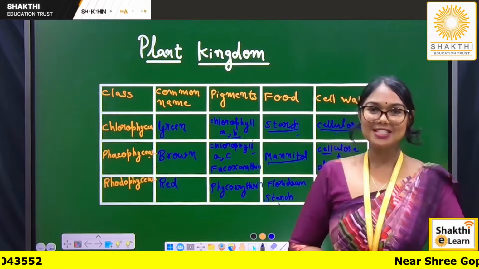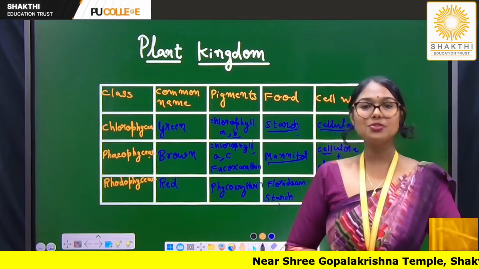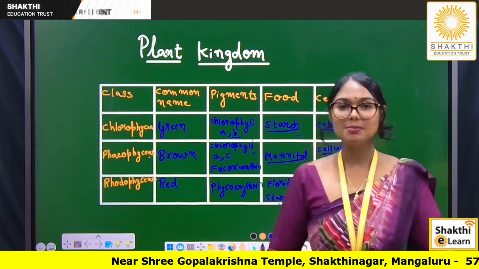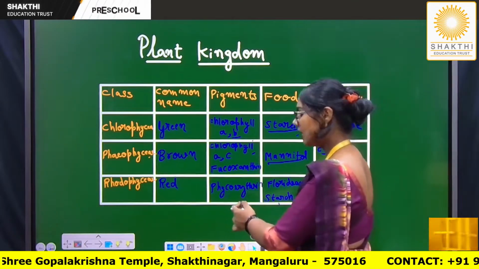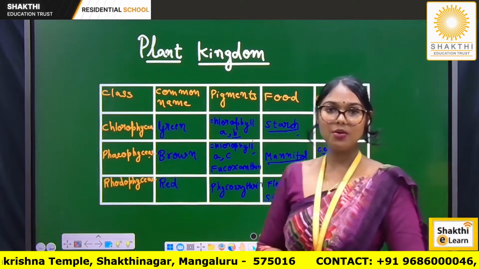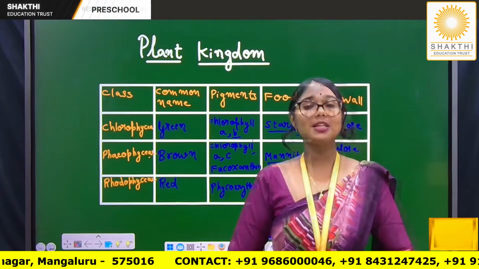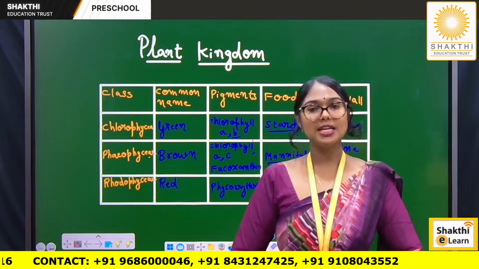Coming to the third class of algae, that is the red algae called rhodophyceae. The rhodophyceae appears red in color because they contain the red pigment phycoerythrin. Now the phycoerythrin is a red pigment giving the red color to the algae. What is the storage material found in this algae?